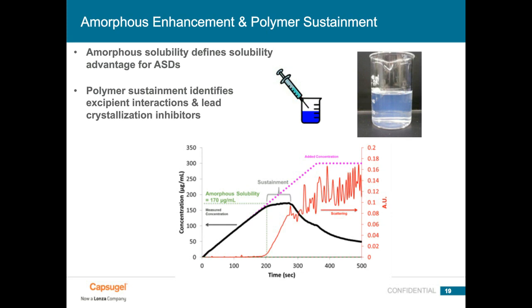And this is the concentration at which drug is no longer going into solution but is going into a second phase. So the red curve shows the scattering that's occurring, and at that same point we see an increase in scattering where the red curve ticks up off the baseline. And that corresponds to the picture you can see in the upper right where we have some scattering off of particles, and these are amorphous drug particles, and they indicate the concentration of the amorphous solubility.